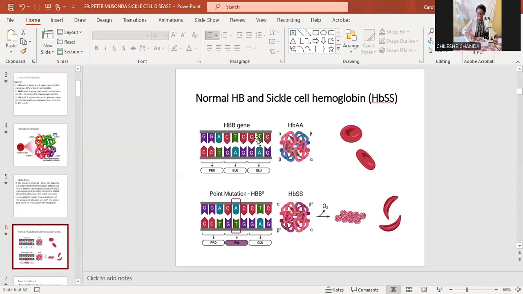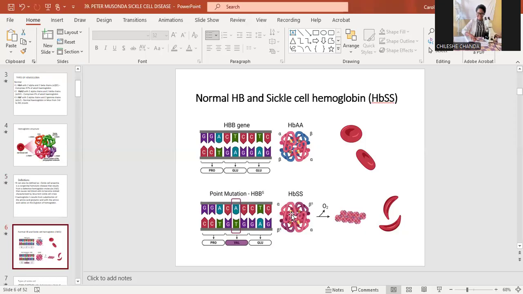Some of them are not showing, but on the sixth position, in a normal human being, there's supposed to be glutamic acid. In hemoglobin S, this glutamic acid is replaced by the amino acid valine. So this replacement leads to abnormal hemoglobin.